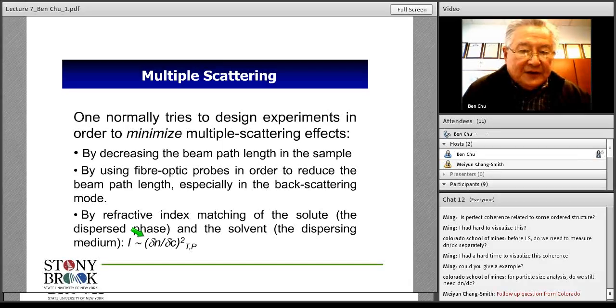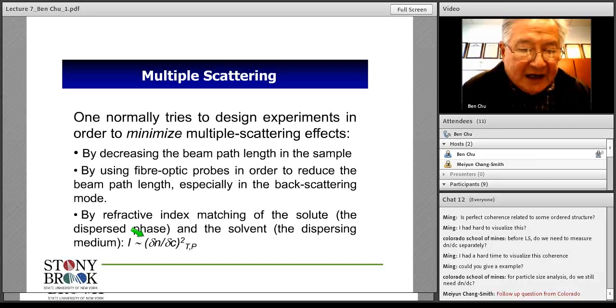So to do dynamic light scattering in a proper way, you set up the instrument to have high coherence. There's a definition for coherence: it has to do with lambda squared over L, something and so forth, and the solid angle, which gives you some computations. It does not come in a simple way.